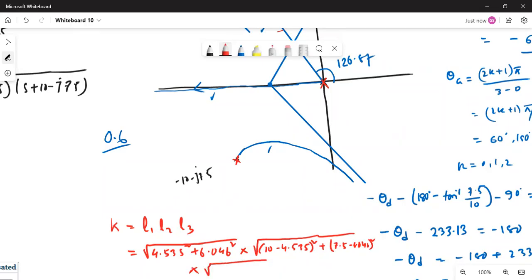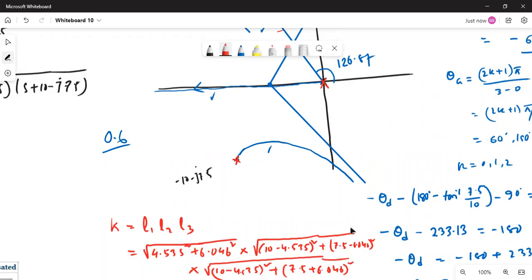And the other one will be additive because that is far away. So basically 10 minus 4.535 whole square. The vertical length will be added. So it will be 7.5 plus 6.046 whole square.